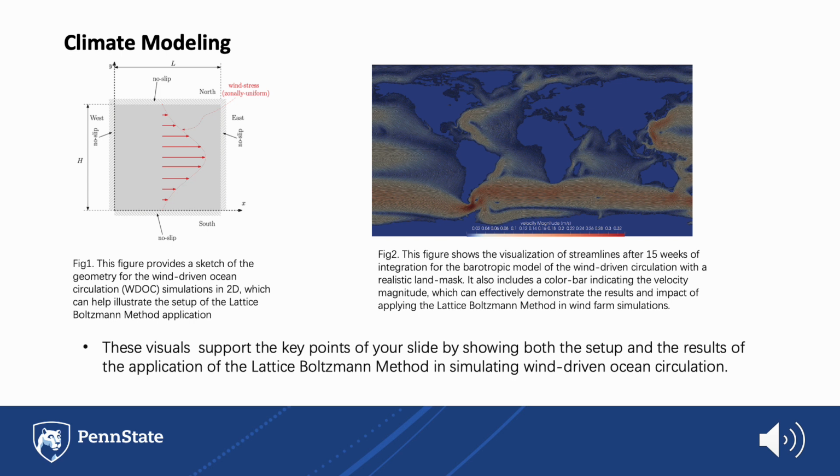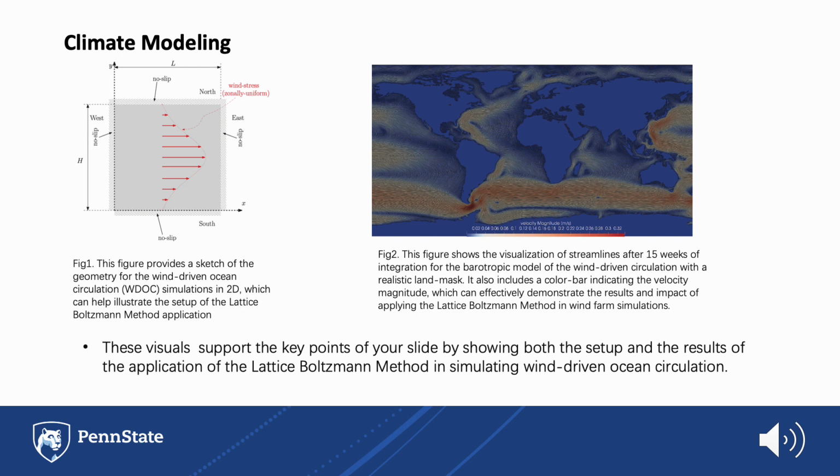In this slide, figure 1 shows a sketch of the geometry for the wind-driven ocean, as you can see in 2D, which can help illustrate the setup of the lattice Boltzmann method application.